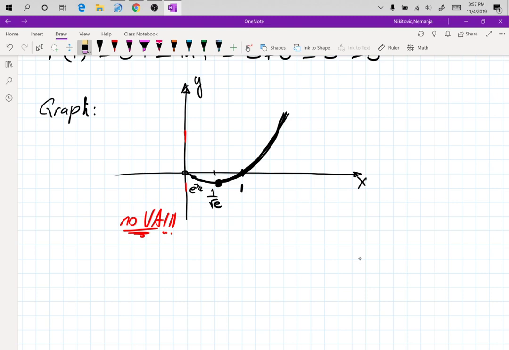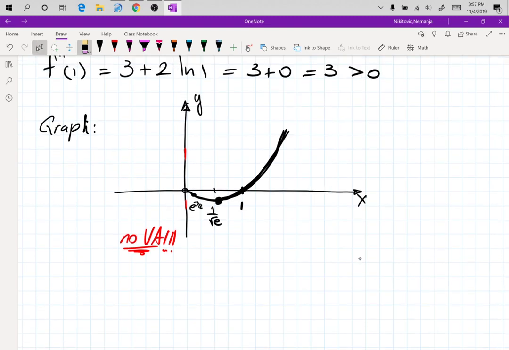And now, something that you should be doing every single time when you are done with this is verifying with the graphing utility. So we can use Desmos and just graph x squared times ln x. And there it is.